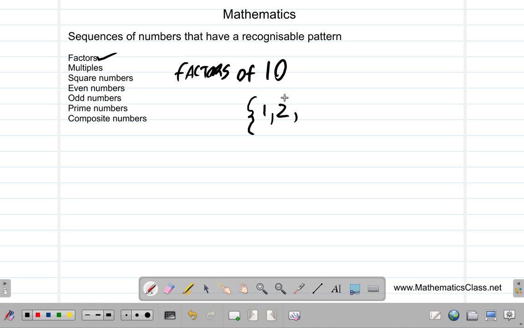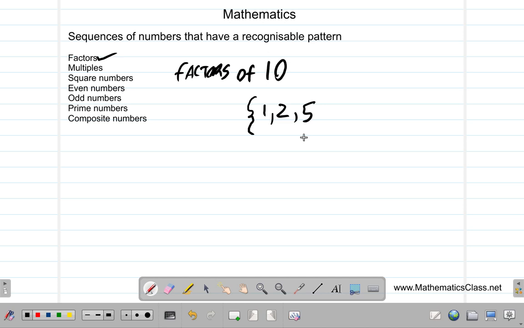Well, 3 can divide into 10, yes, but you're going to leave a remainder of 1. 4 is not going to work either: if you divide 4 into 10, you get 2, but with a remainder of 2. 5, nice. 5 can go into 10 without leaving a remainder. Once you reach halfway, it makes no sense to try 6, 7, and so on.